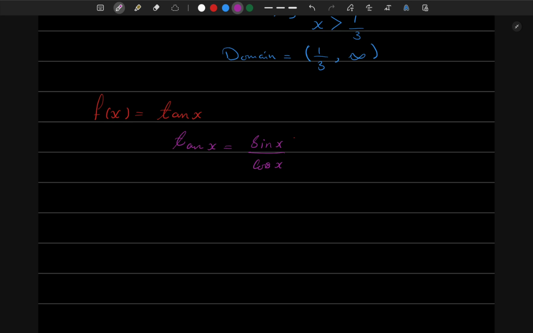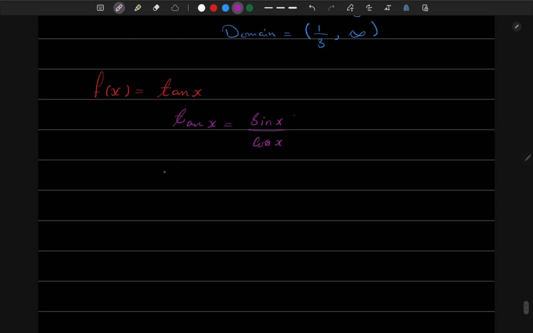The values that will give me 0 for cosine x are the angles 90, 270, 450, and so on, and even so on with the other side, from negative to positive.